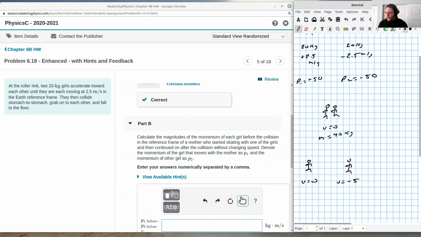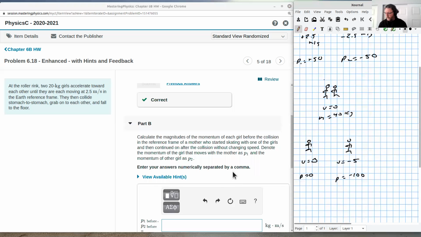Okay, so before the collision, this one has a momentum of 0 according to the mother, and the other one has a momentum of negative 100. The negative 5 meters per second times the 20 kilograms.